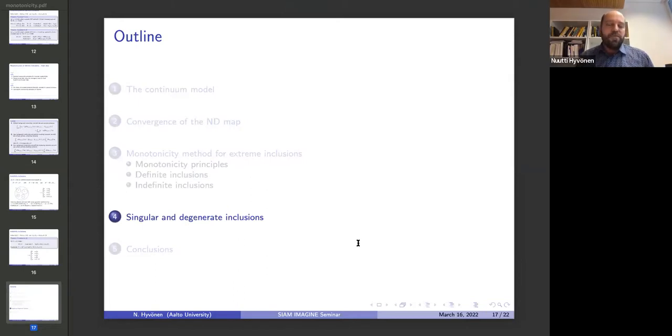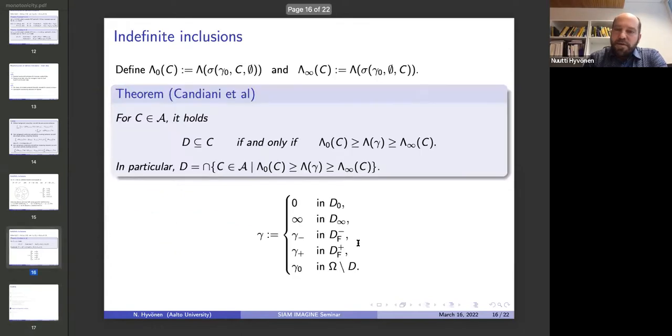Okay, and then the last 5 minutes are about going to singular and degenerate inclusions. So even if this gamma has something that goes to 0 or infinity, one would assume that the monotonicity might still hold. So it's more about defining the Neumann-related map for a case where you let gamma have singularities or parts where it goes to 0.